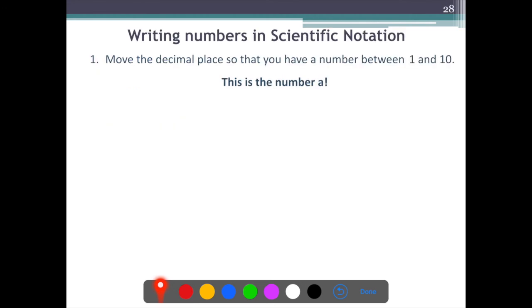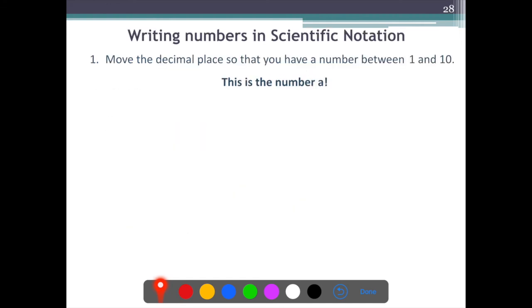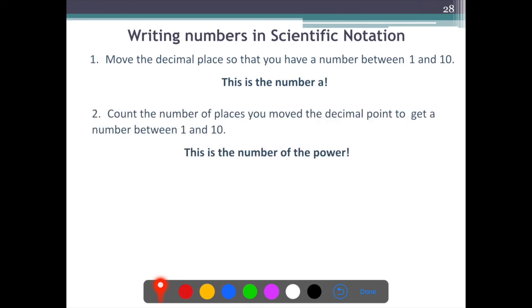So how do we get that number A and this power B? To get the number A, you move the decimal place so that you have a number between 1 and 10. That number between 1 and 10 will be the number A. Then count the number of places that you move the decimal point to get the number between 1 and 10.